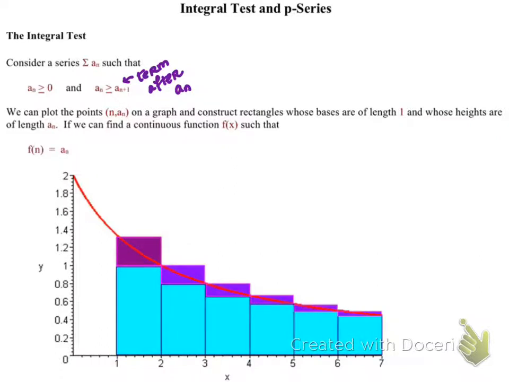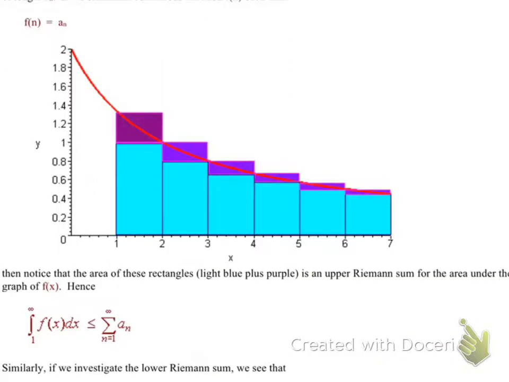We can plot these points on a graph and construct rectangles whose bases are length 1 and whose heights are of length a sub n. If we find a continuous function f of x such that f of n equals a sub n, then notice that the area of these rectangles, the light blue plus the purple, is an upper Riemann sum for the area under the graph of f of x.